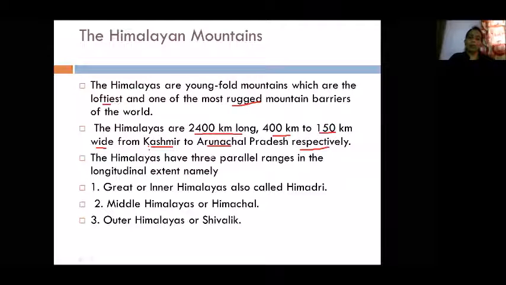The Himalayas have three parallel ranges in the longitudinal extent. They are called longitudinal extent. The Great or the Inner Himalaya, which is also called Himadri. The second is the Middle Himalaya, which is also called Himachal. And the last one is the Outer Himalaya or the Shivalik.